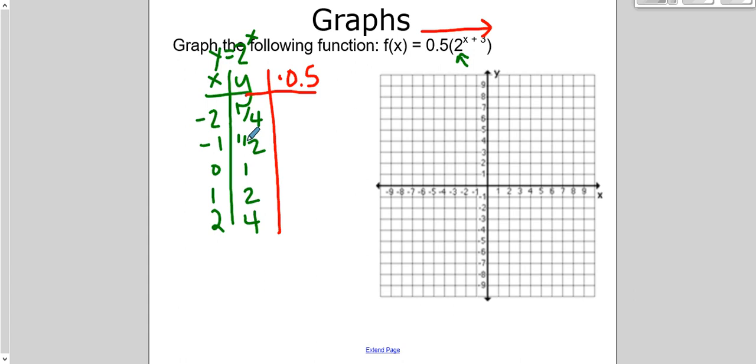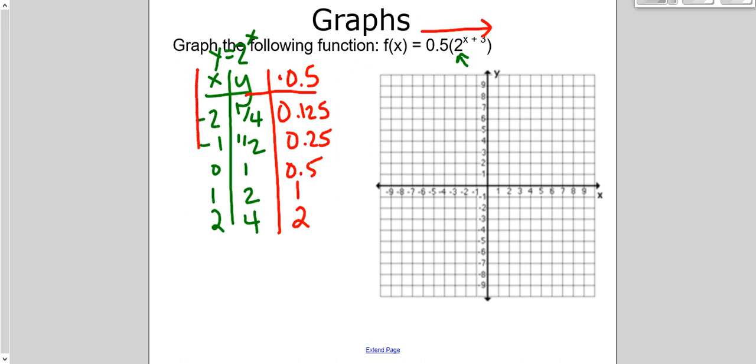Multiply it by 0.5 and you get 0.125. And then 0.5 times 0.5 is 0.25. And 1 times 0.5 is 0.5. 2 times 0.5 is 1. 4 times 0.5 is 2. All right. And then the next, we have this plus 3 added to the x value.